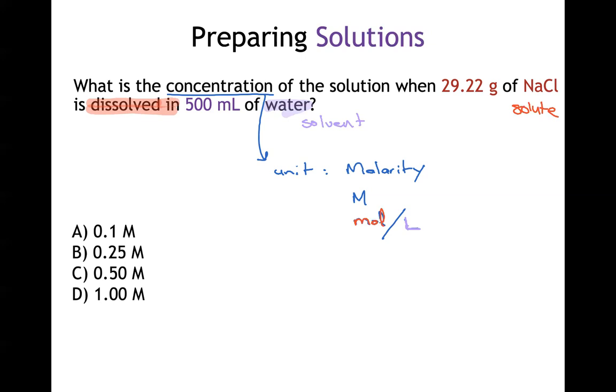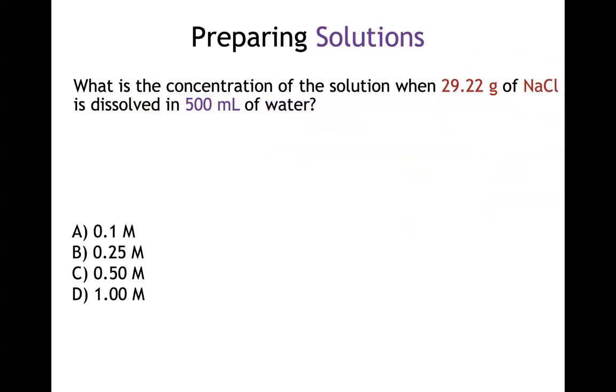Well, molarity is moles per liter, but what we're given is actually the mass of the solute. How can we convert the mass into moles? What do we need? Yeah, exactly. We would need the molecular weight, which has units of grams per mole.